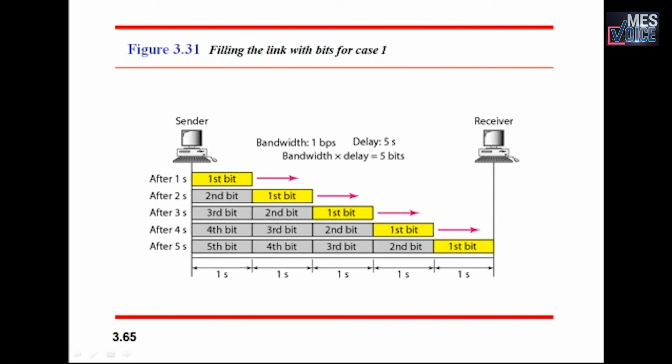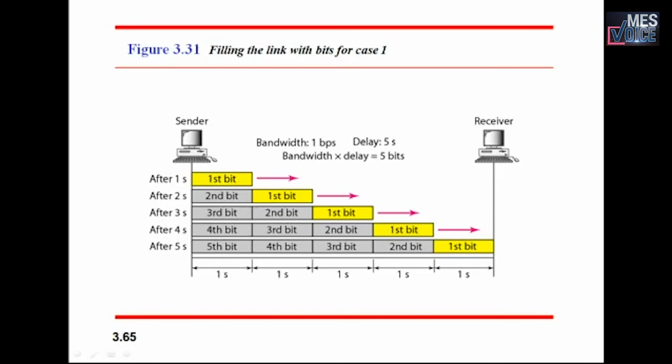Now, imagine the bandwidth is 1 bit per second, which means 1 bit can be sent in a second, and the delay in the transmission medium is 5 seconds, which means the bandwidth delay product is 5 bits. The figure shows that after 1 second, 1 bit is in the medium, and the medium has a delay of 5 seconds, which means after the 5th second, 5 bits can occupy the medium.